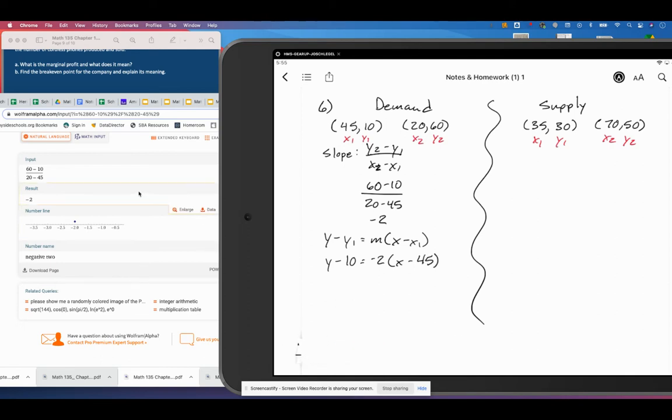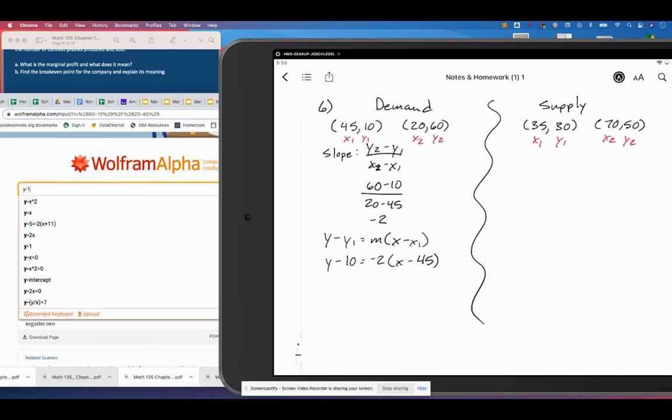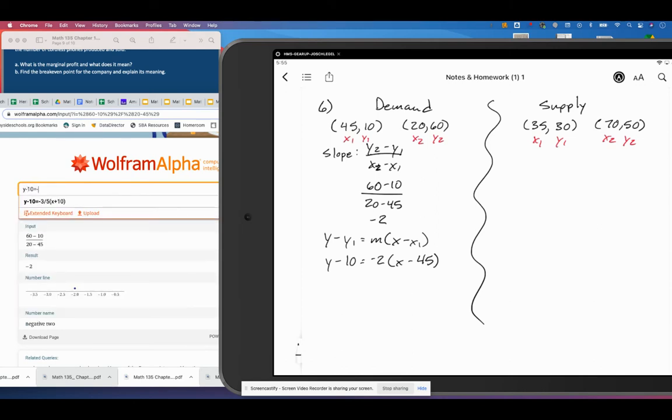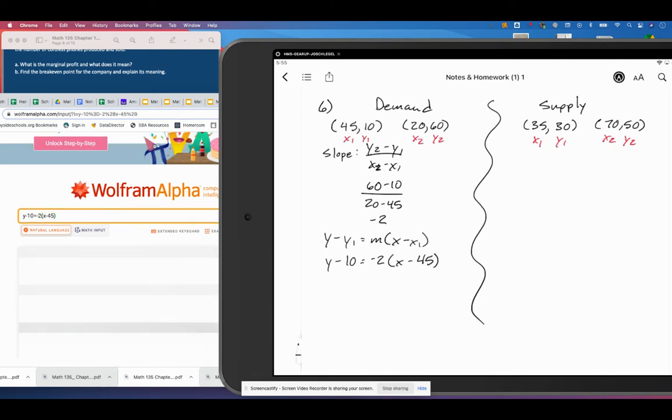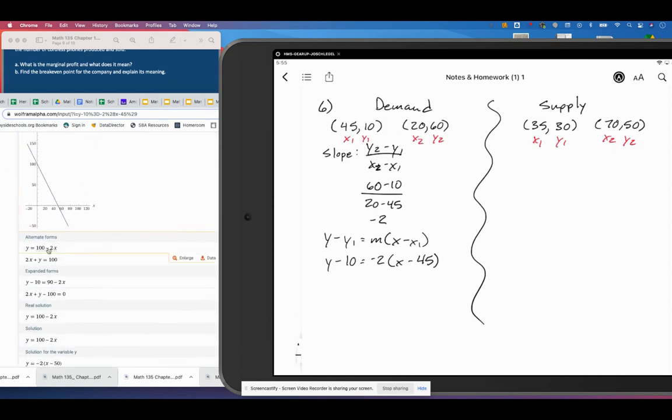So we'll give that to Wolfram and get the alternate form that we prefer. So y minus 10 is equal to -2 times x minus 45. And the alternate form that I like is right here. I will put the x value first, though. So y is equal to -2x plus 100.